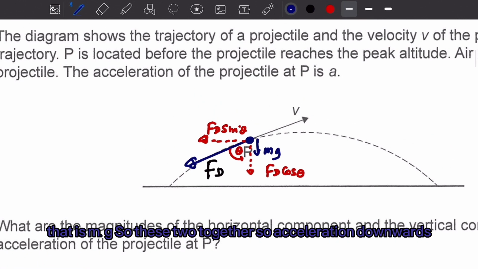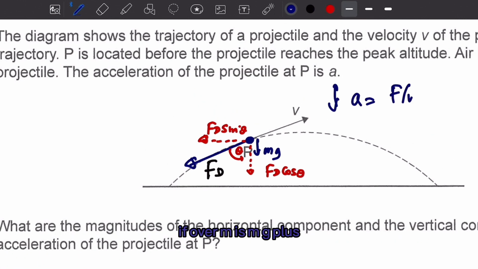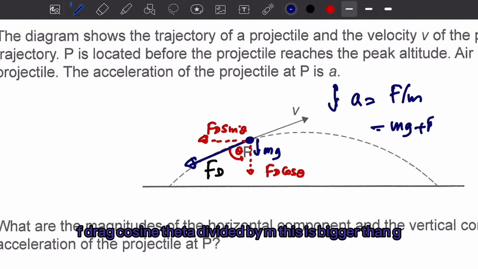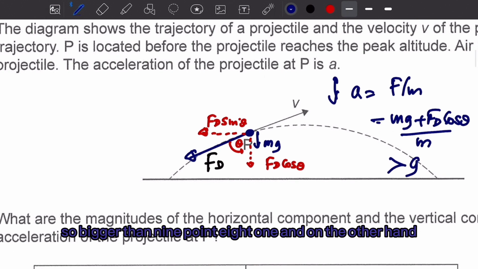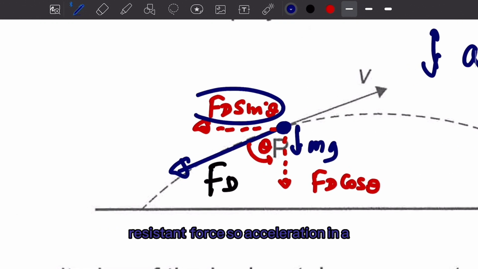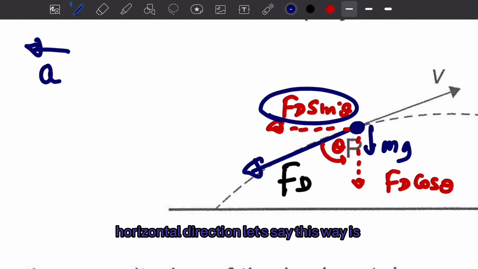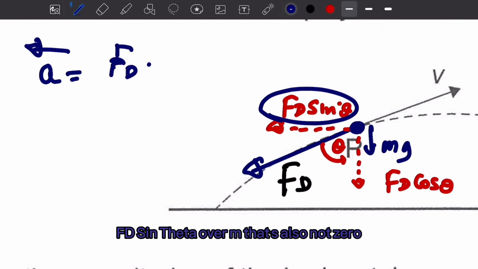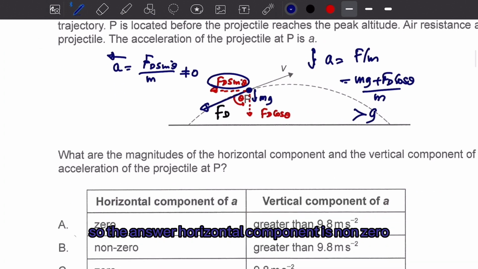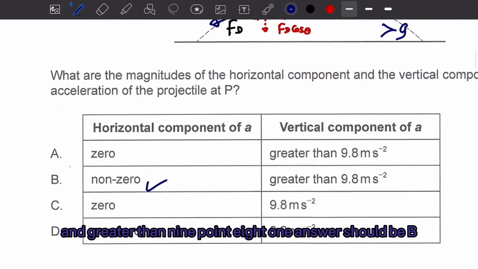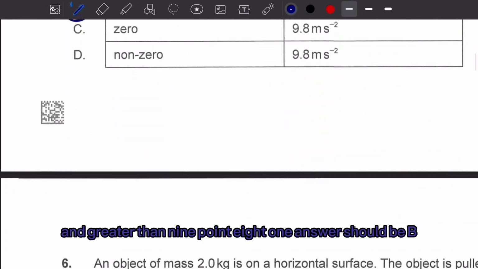So these two together, acceleration downwards, F over m, is mg plus F drag cosine theta divided by m. This is bigger than g, so bigger than 9.81. And on the other hand, even horizontally there's a resistive force. So acceleration in a horizontal direction, let's say this way, is F d sine theta over m. That's also not zero. So the horizontal component is non-zero and the vertical acceleration is greater than 9.81. Answer should be B.